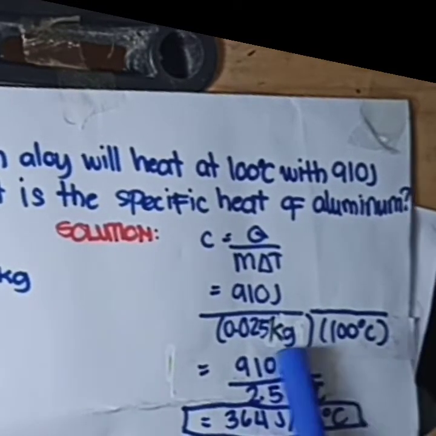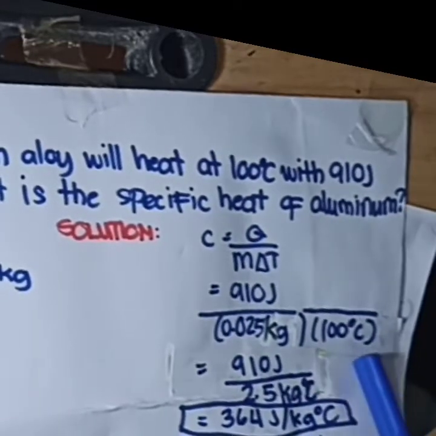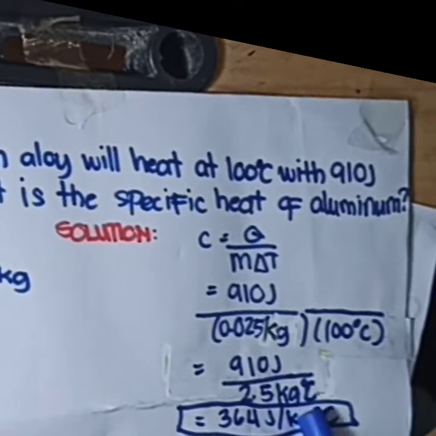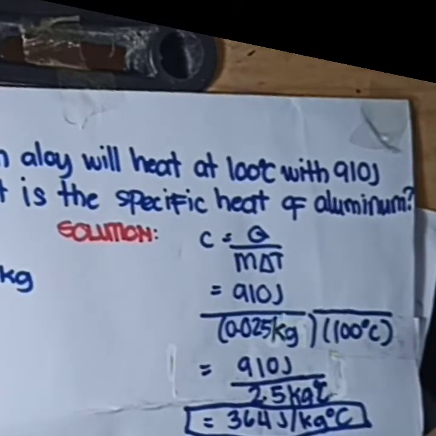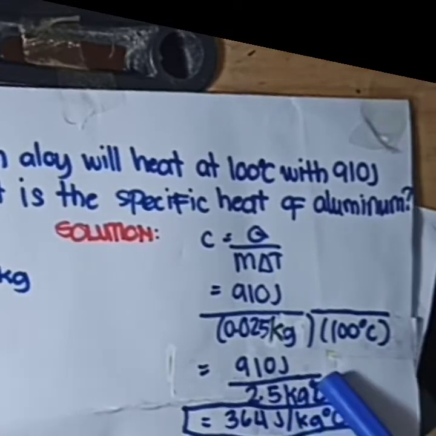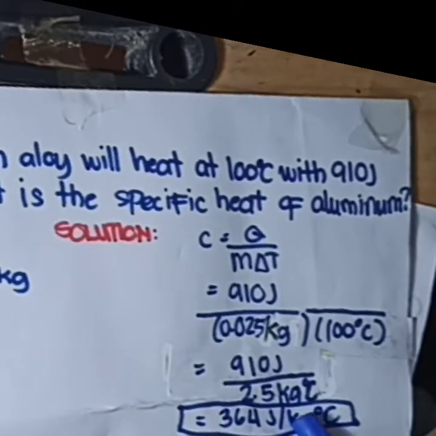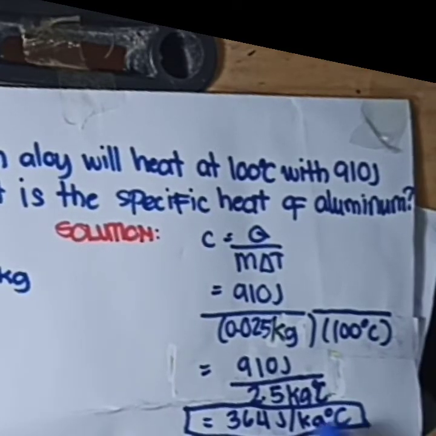So first we're going to multiply the 0.025 kilograms times 100 degrees Celsius and we have here 2.5 kilogram degrees Celsius. And we will just copy the 910 joules over here. Then we're going to divide the 910 joules over 2.5 kilogram degrees Celsius. And we have here the answer: the specific heat of aluminum is 364 joules per kilogram degrees Celsius.